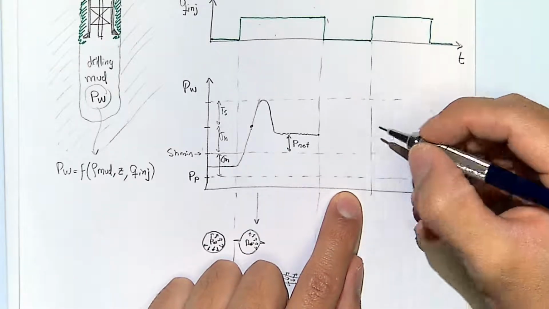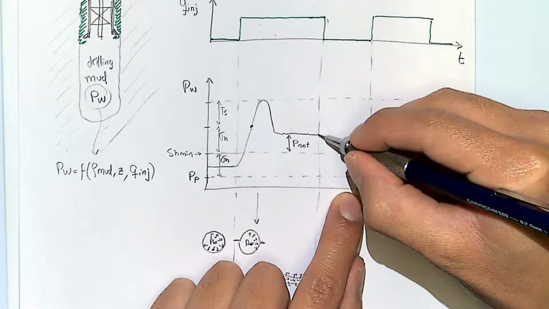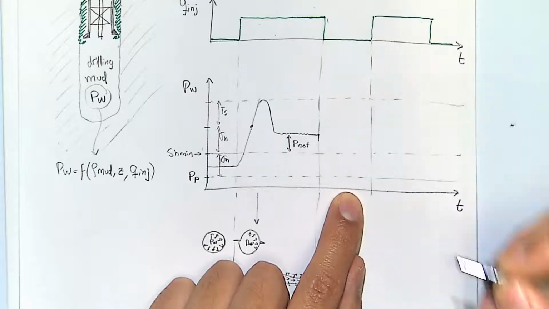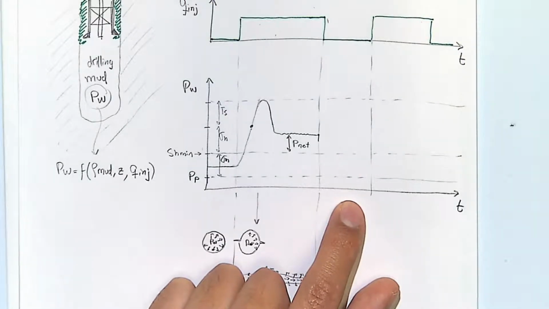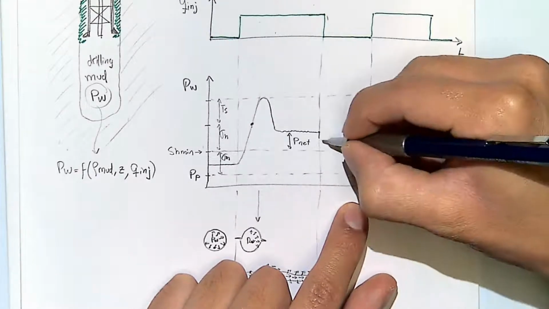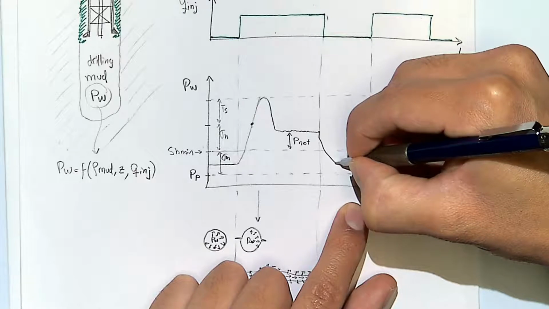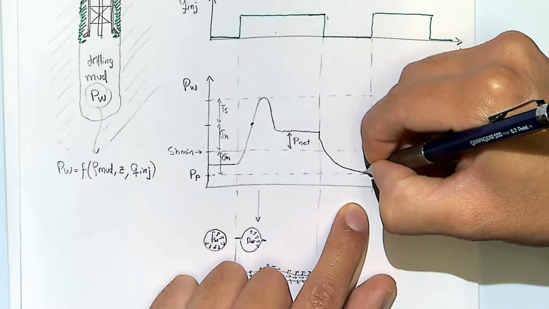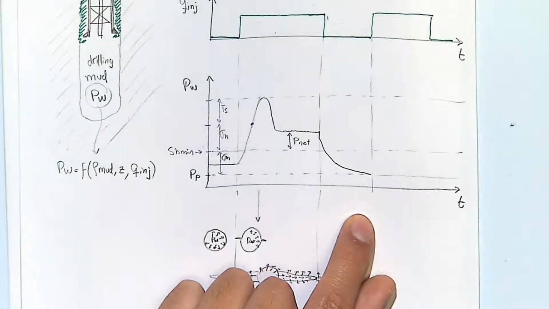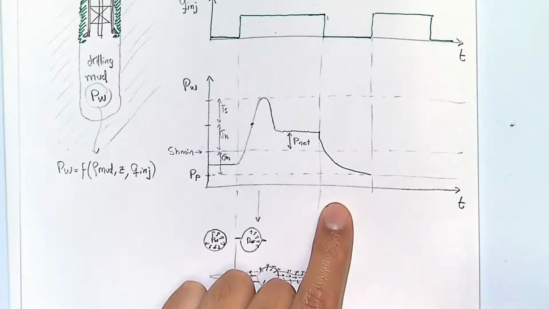But well, let's assume that this is a very permeable formation. As soon as you stop injecting, your pressure is going to go down very quickly, and then it's going to start to reduce with time, and it may approach the pore pressure. Now remember, you're not injecting anymore, okay?